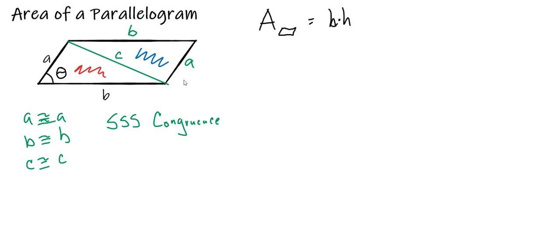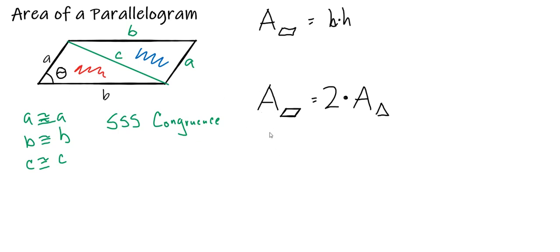And one of the things we know about congruent triangles is that they have equal area. That means that the area of the parallelogram is going to be equal to 2 times the area of these smaller triangles. Now for this red triangle, we know 2 of the sides and the measure of the angle in between.